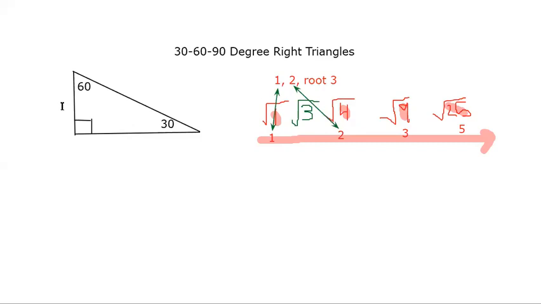How does that translate to our triangle? Well, this is 1. This is 1 times 2. And the bottom one is 1 times root 3.